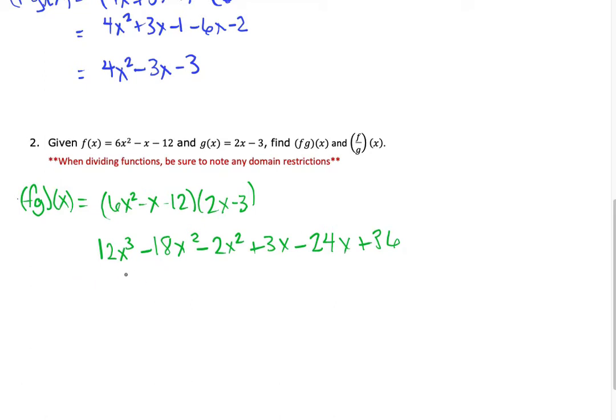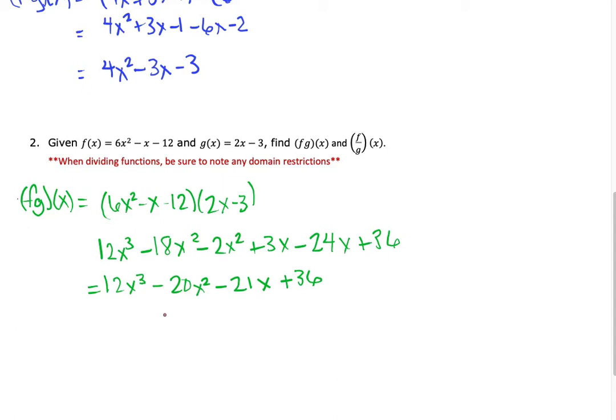Which gives me 12x cubed minus 20x squared, I'm just combining my like terms, minus 21x and plus 36. That would be f times g of x.